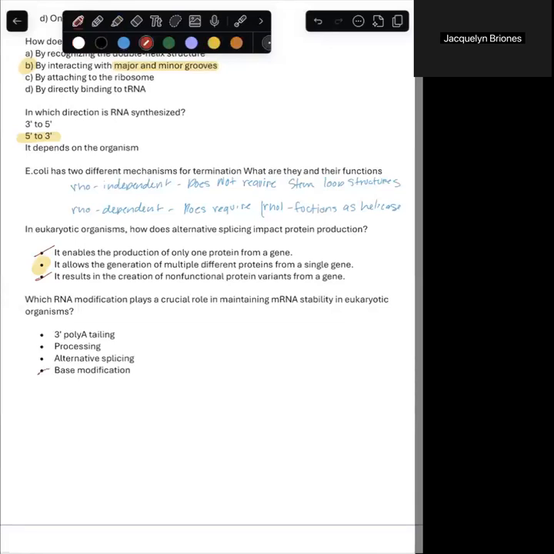Alternative splicing also has nothing to do with stability. Processing also has nothing to do with stability, but poly-A tailing has everything to do with stability. It plays a crucial role in maintaining the stability of mRNA.